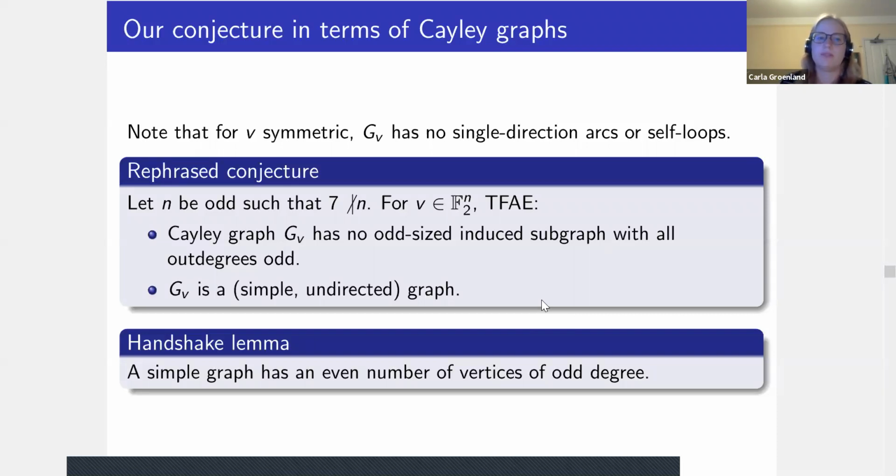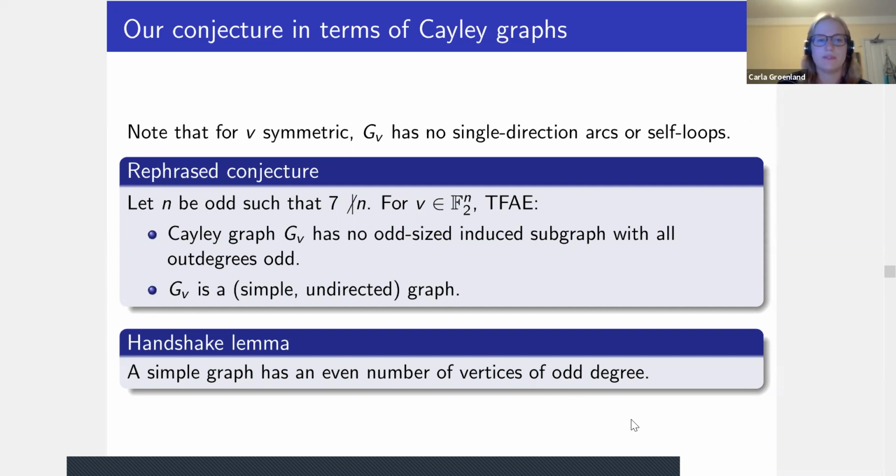So if we assume that we just have a graph, then we don't have any odd-sized induced subgraph with all outdegrees odd, because such an induced subgraph is again a graph, and if all the degrees were odd, then we know it needs to have even size. So this part already showed us that whenever v was symmetric, this was indeed a cyclically covering subspace.